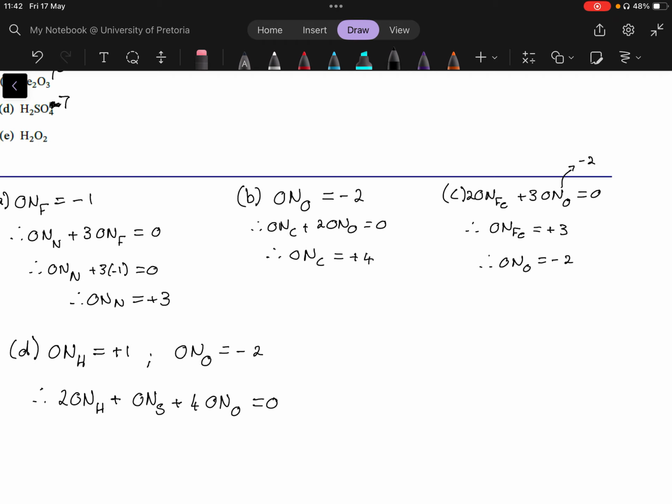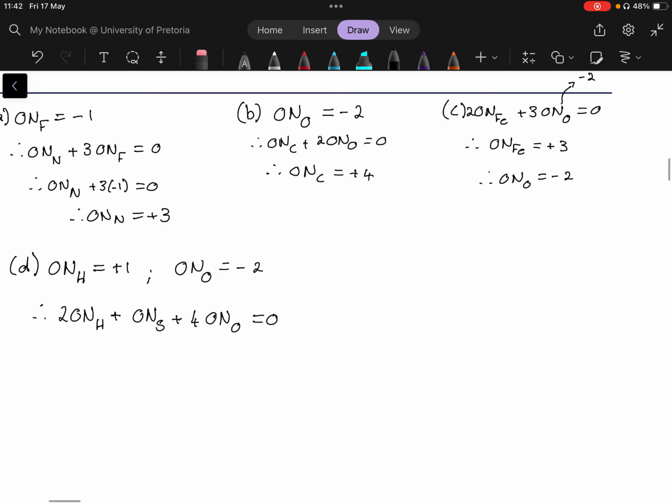So this is also a molecular compound. Its charge is 0. That means we have +2 plus the oxidation number of sulfur plus 4 times -2 is 0. That means the oxidation number of sulfur is 2 minus 8, which is -6, so it is then equal to +6.